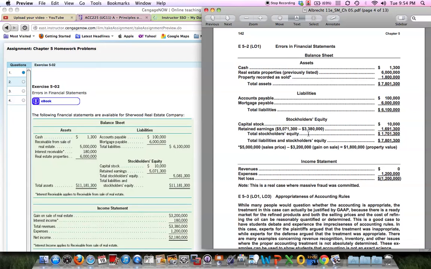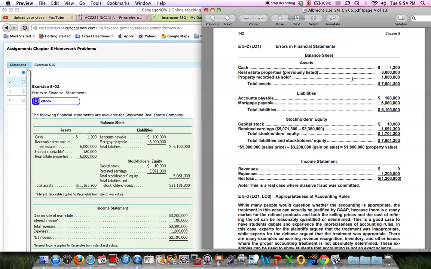So those two numbers together make $3,380,000, and we subtract that because that revenue didn't happen from retained earnings, so the new retained earnings number is $1,691,300, which is very different than the previous retained earnings number of $5,071,300. So hopefully that makes sense after we do that.